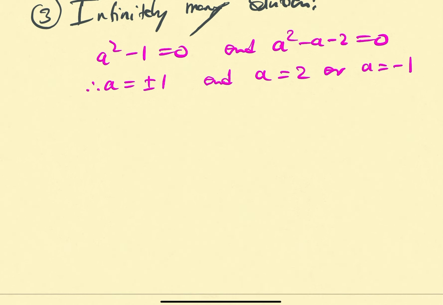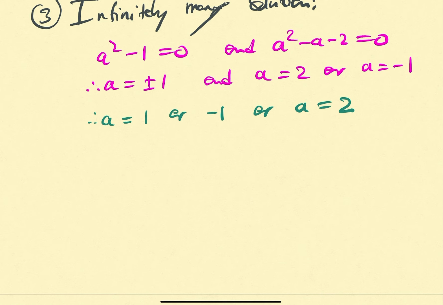Now we want to verify it because it seems like we have several values. So just put it this way: a is equal to plus 1 or a is equal to negative 1. You take 1, and then you throw away the repeated root. So now I'm going to say or a is equal to 2. These are the candidates right here.